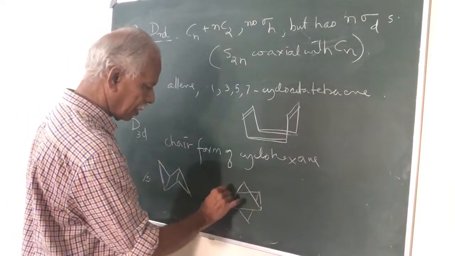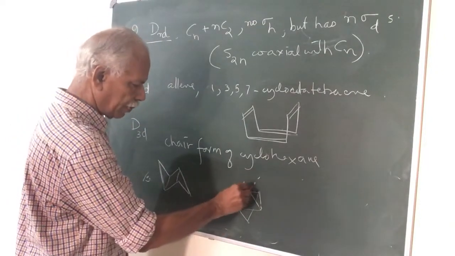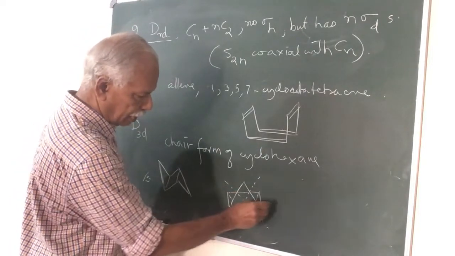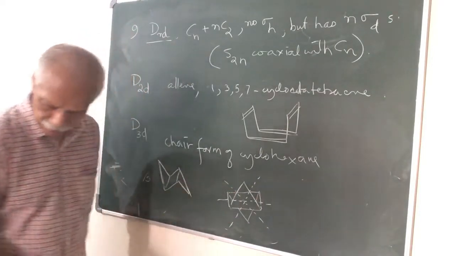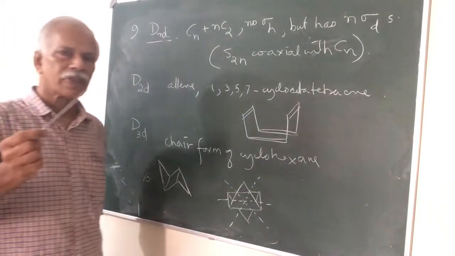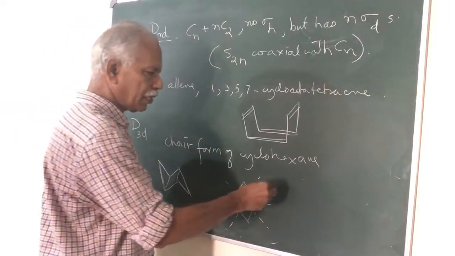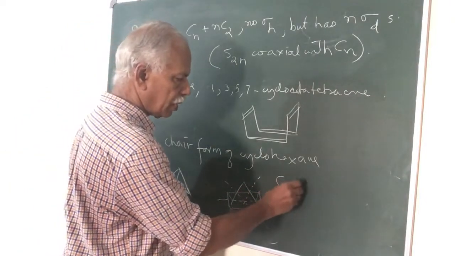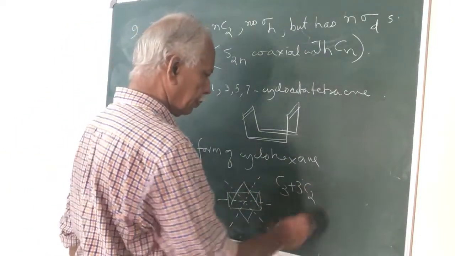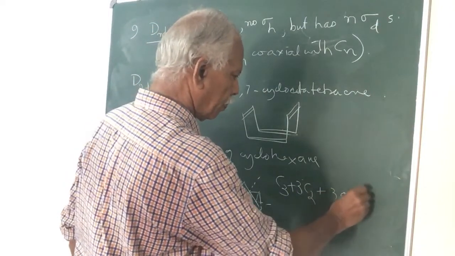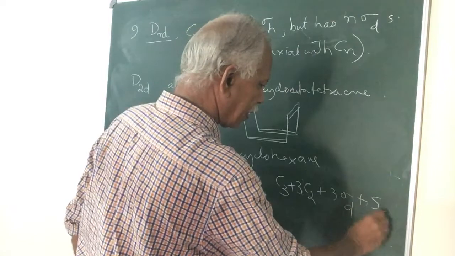These are of course connected. And this will be a C2 axis, this will be a C2 axis, and this also will be a C2 axis. The principal axis is this one, which is C3. So it has got C3 plus 3C2 plus 3 sigma d plus S6.